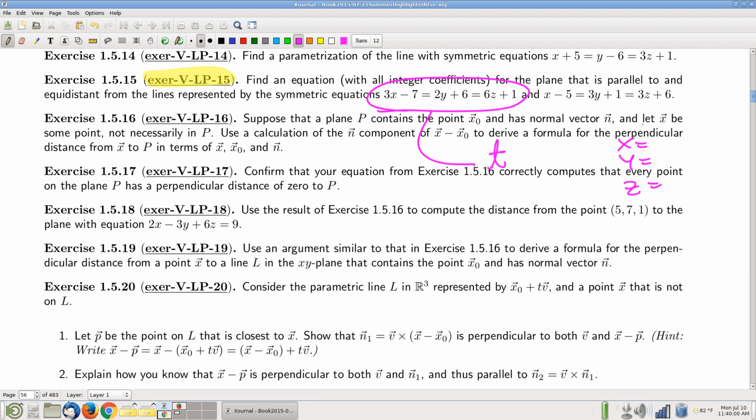You'll have x, y, and z as functions of t, and then you can rewrite that as, I'll call it, c naught plus t v1.